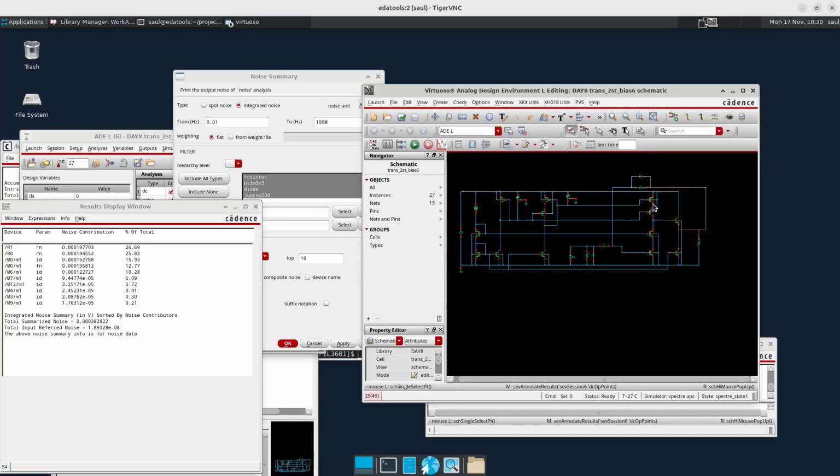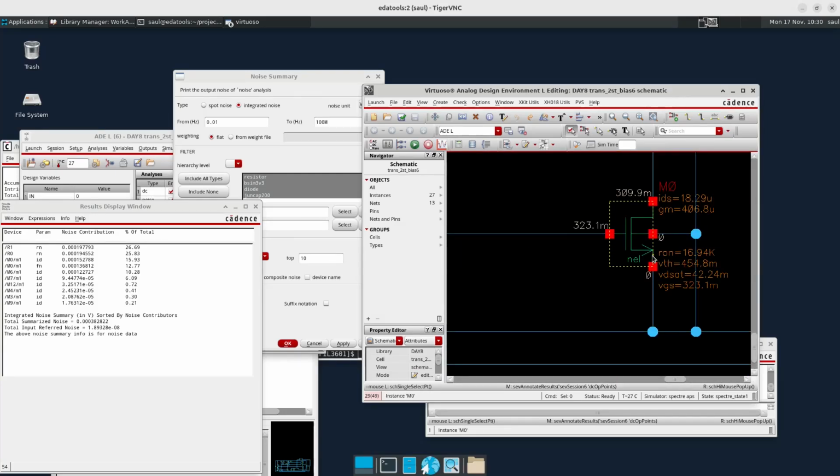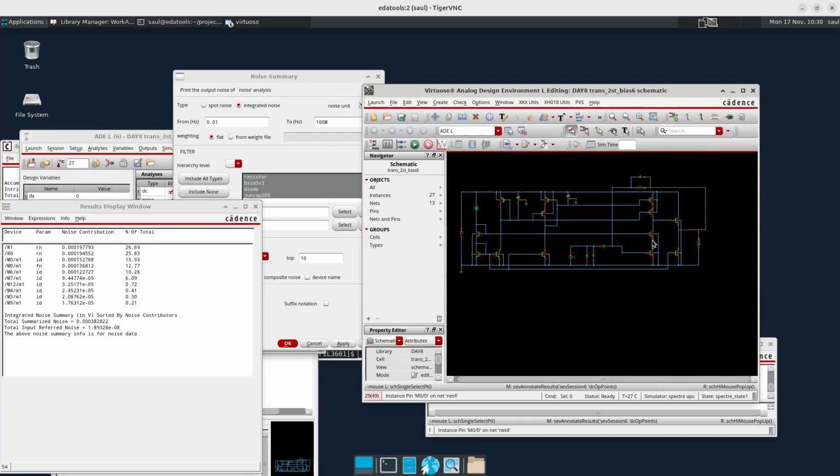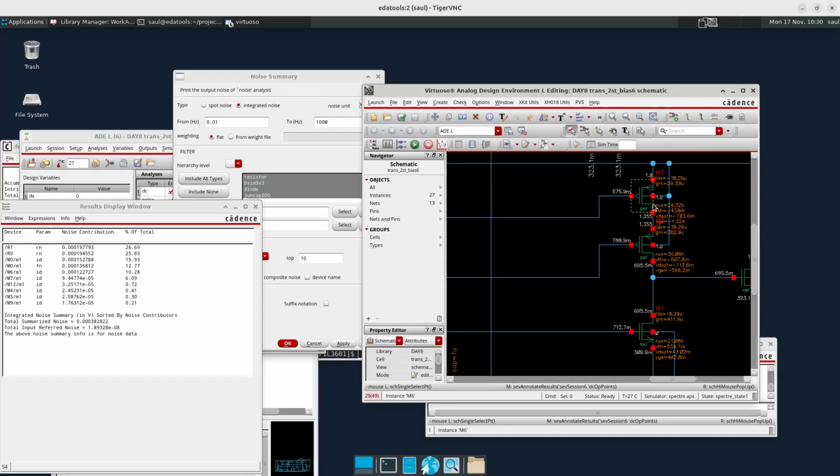This is 21. So there might be opportunities to reduce the noise contribution of M6 and M7 by reducing their transconductance. That is by placing this transistor in strong inversion. Then I reduce the amplification, the transconductance of these devices.